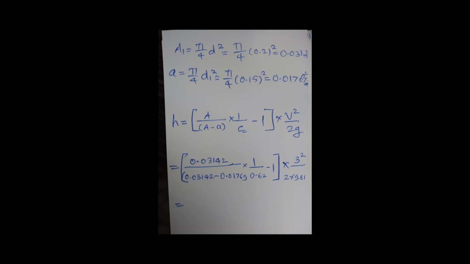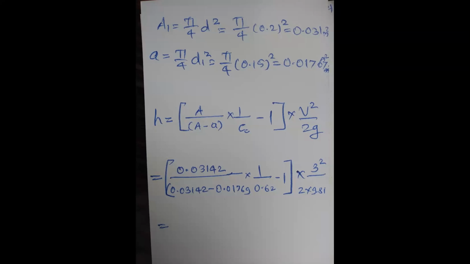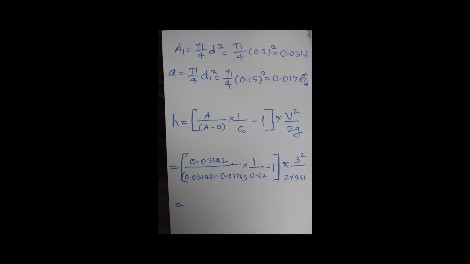Okay. Now we have discussed the major loss and minor losses separately, but now we need to consider the total loss. What is the total loss from that particular pipe?